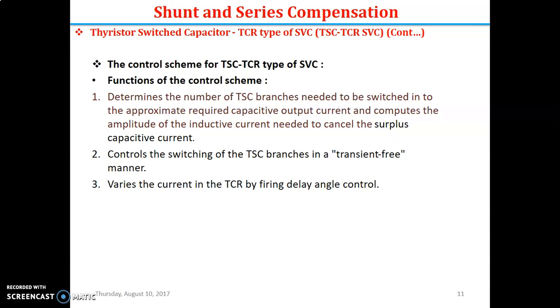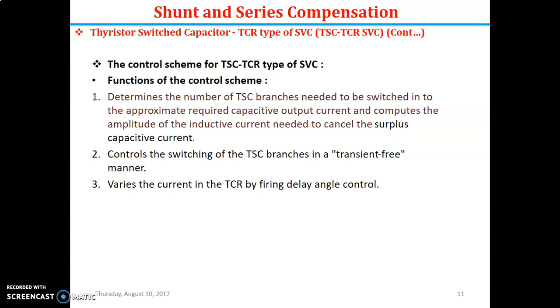So that we can get 1 MVAR times 6, which is equal to 6 MVAR, and the 0.7 MVAR difference that we have to absorb with the help of TCR. So it will compensate that difference, and so it will compute the delay angle for it.